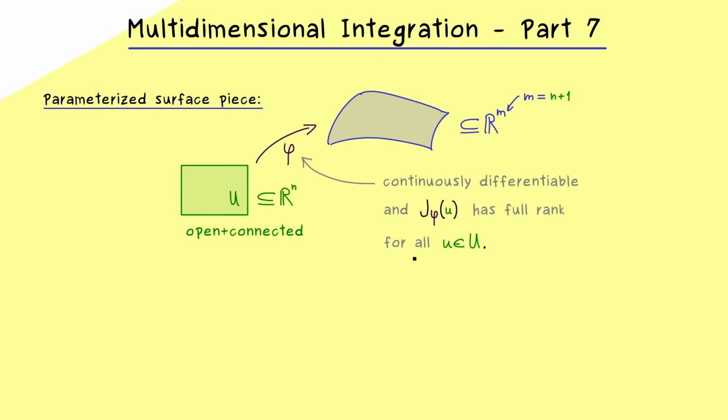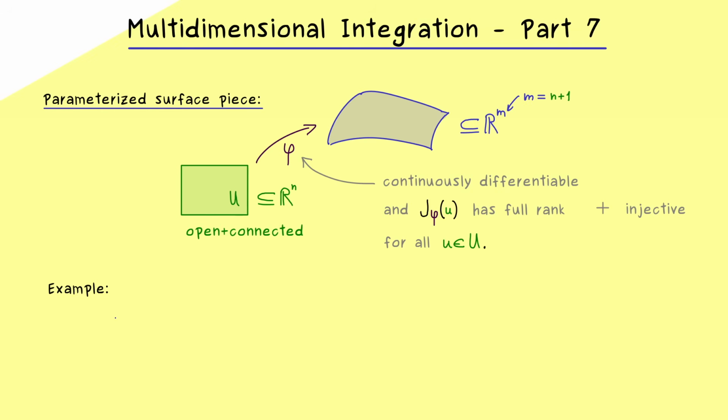This would still be okay for the parameterization because we cannot see this intersection here in the domain. However, in the moment we want to do some translations back and forth, this could be a little bit annoying. Therefore, to exclude this possibility, we can also assume that phi is injective. However, please note that sometimes, especially in the case n is equal to 1, this is not done.